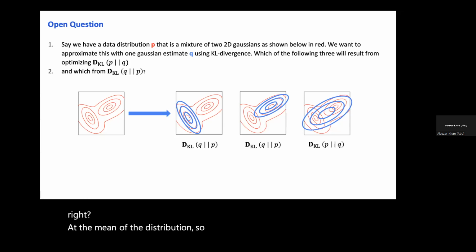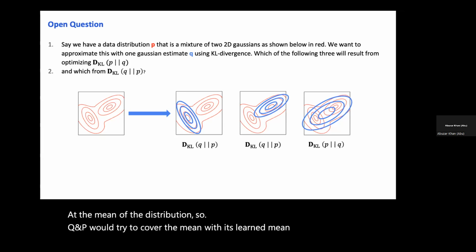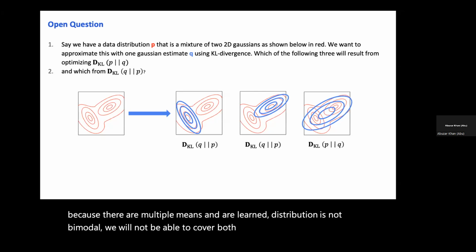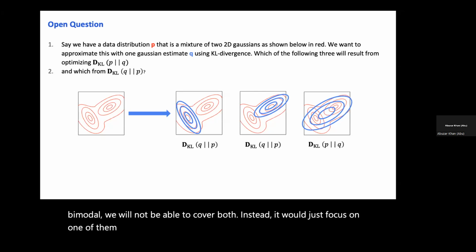So Q with P would try to cover the mean with its learned mean. Unfortunately, because there are multiple means and our learned distribution is not bimodal, we will not be able to cover both. Instead, it would just focus on one of them. And this is what's commonly known as mode collapse.